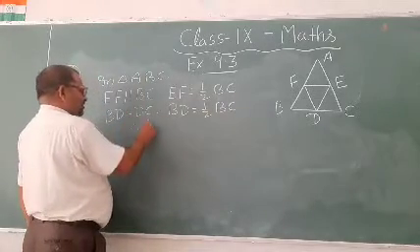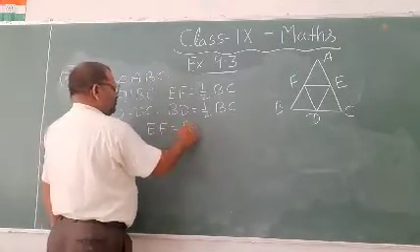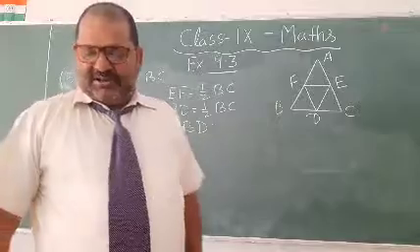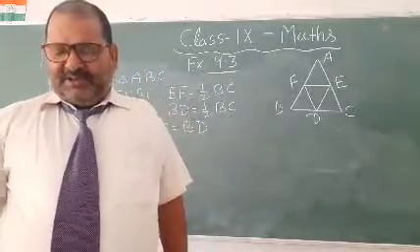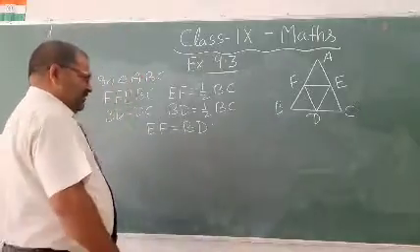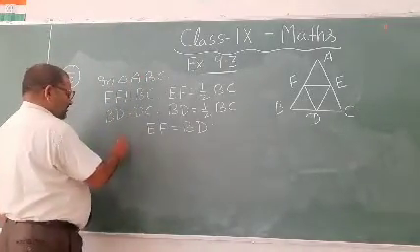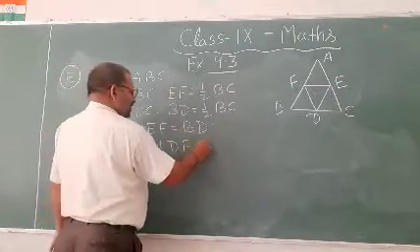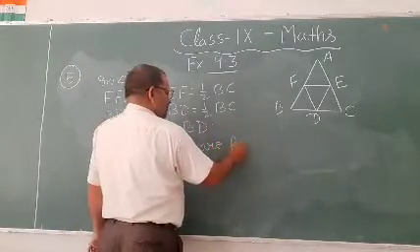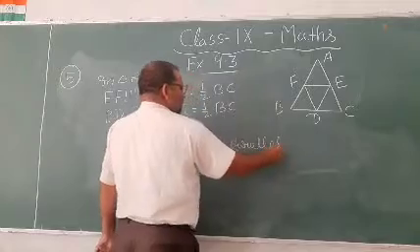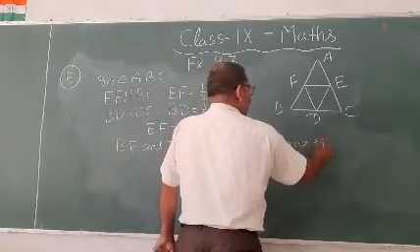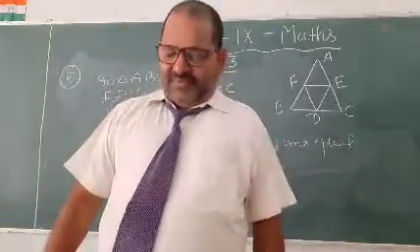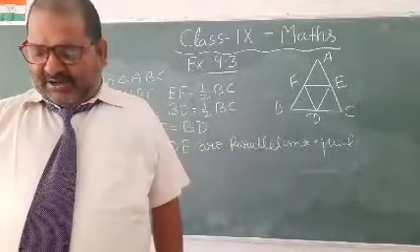Therefore EF equals BD. Likewise BF and DE are parallel and equal.